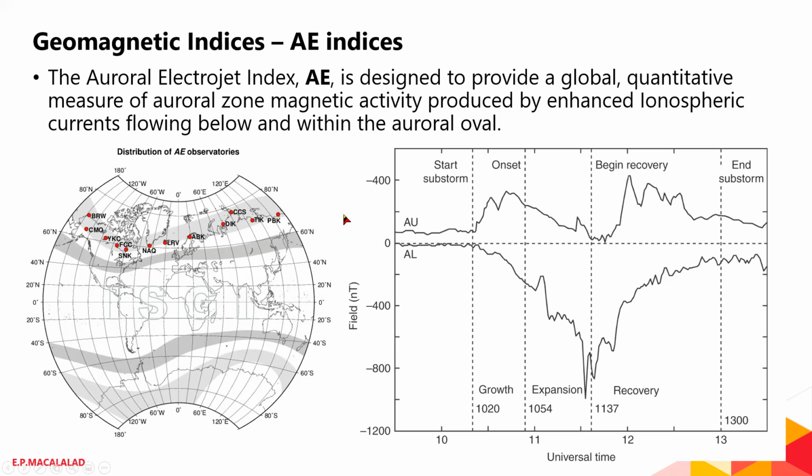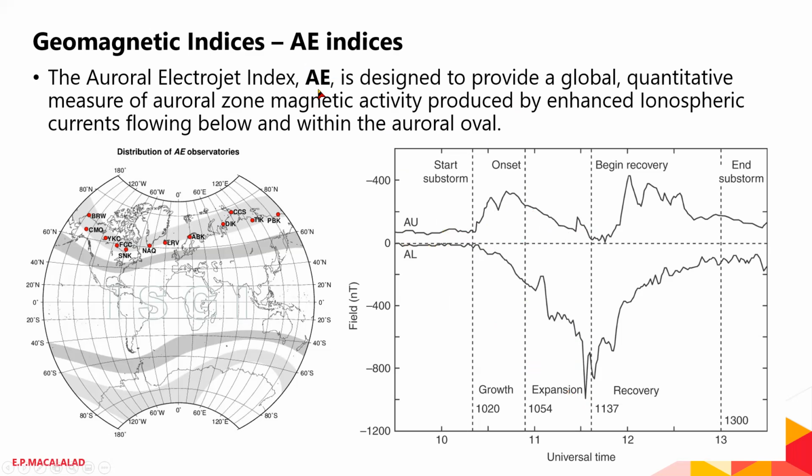Usually it is subdivided into two indices, AU and AL. The AU and AL indices are defined by the largest and smallest values of the AE index, so it's like a maximum and minimum. The difference between AU and AL defines the AE index.